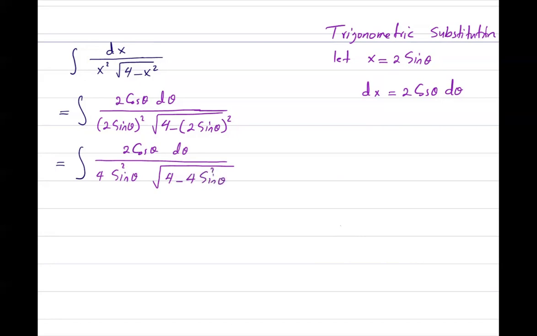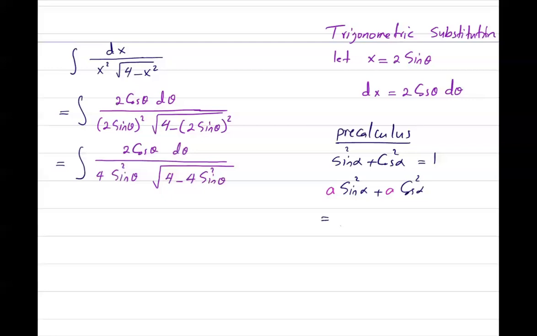Remember that from pre-calculus, sine squared of alpha plus cosine squared of alpha is equal to 1. If you have something like a, or a squared, or any number k, anything that you like, a times sine squared of alpha plus a times cosine squared of alpha, you factor out your a and write it as a times sine squared of alpha plus cosine squared of alpha.